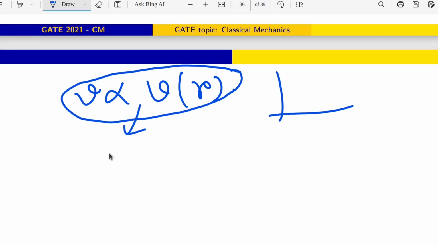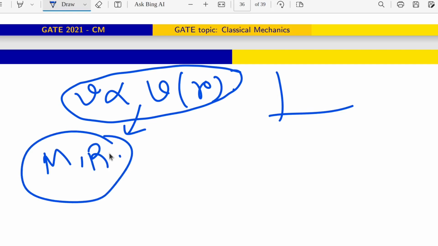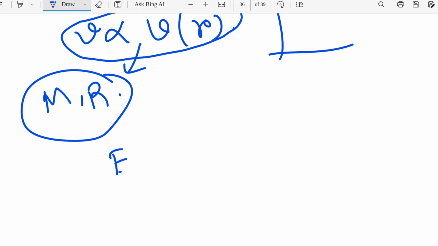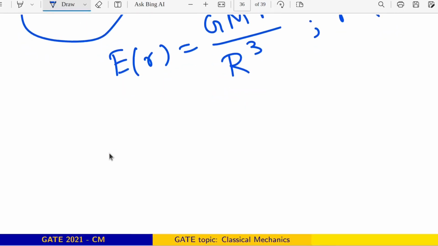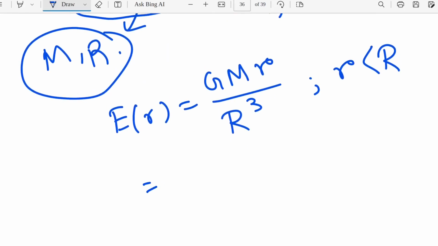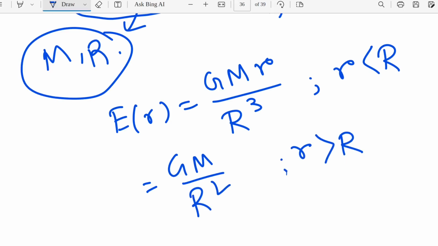So first of all, as it is a spherical galaxy with mass M and radius R, we can definitely have one thing, which is the gravitational field. It can be written as, let's say, GMr by R cube when r is less than R. And we can also have another condition, that GM by r square when r is greater than R. It is obviously coming from that simple Kepler formula.